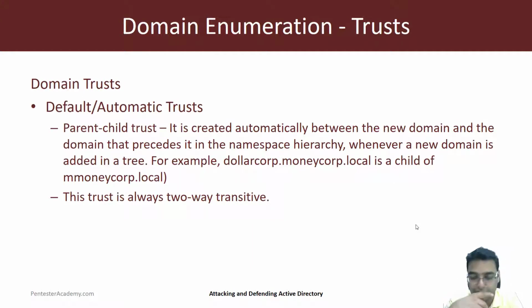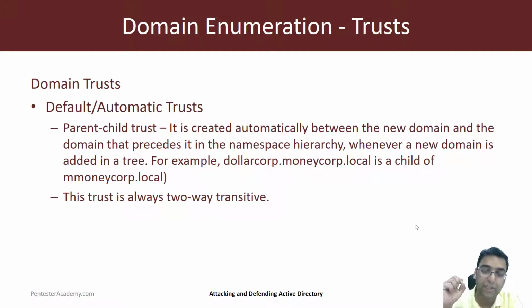Now let's discuss what types of trusts there are. There are some default or automatic trusts. All the intra-forest trusts, that is trusts within a forest, are automatic. If you recall, we discussed in the very beginning that Microsoft considers only the forest to be the security boundary.